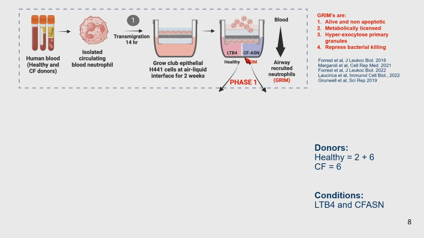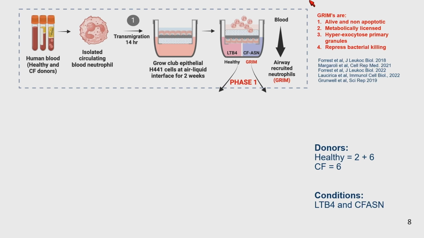Now, LTB4 is leukotriene B4, a chemoattractant for neutrophils that we add into the system to obtain the healthy neutrophil. And CFASN is the CF airway supernatant, which is basically purified from CF sputum obtained from CF donors as well.